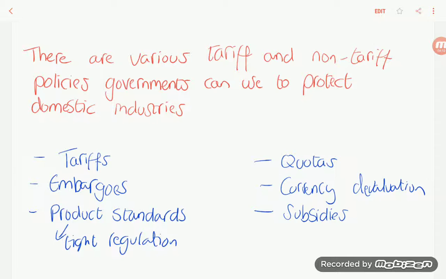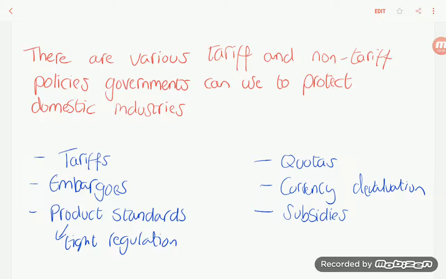Foreign products which don't comply with the requirements cannot be imported. Product standard regulations could include things such as high safety standards or low emissions requirements. These might be used for environmental or consumer protection or to help domestic industries that can comply with the regulations.